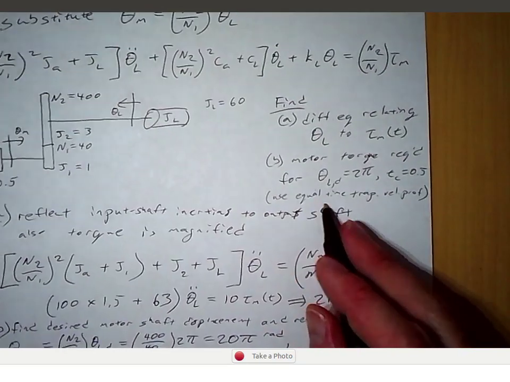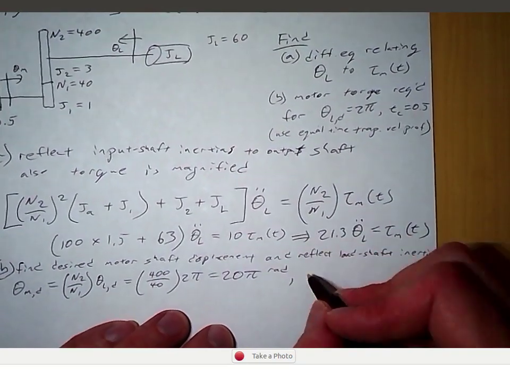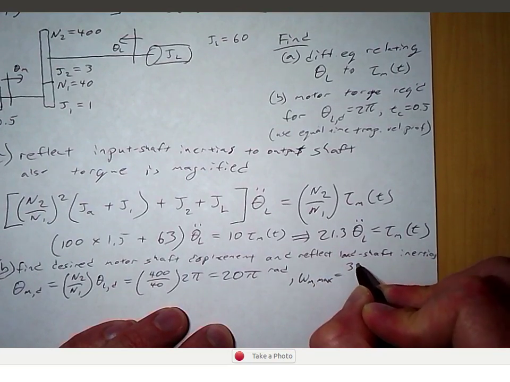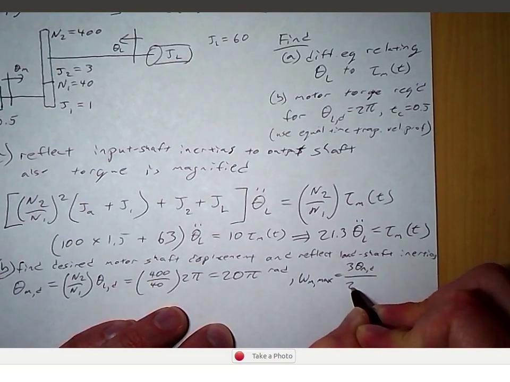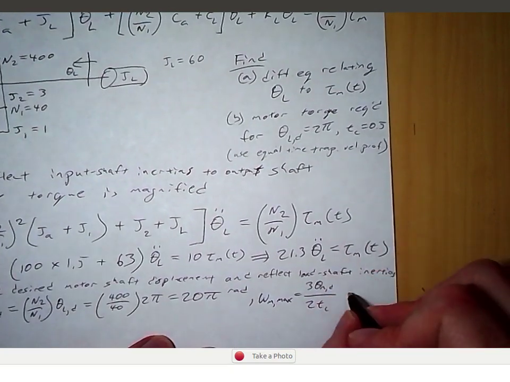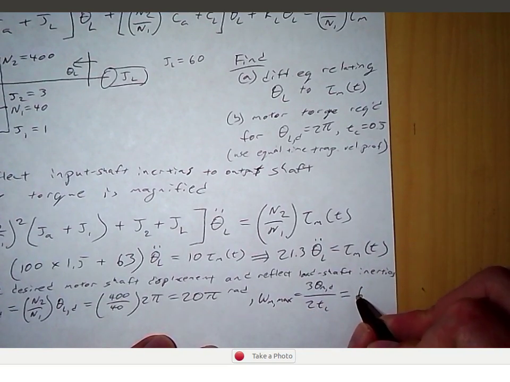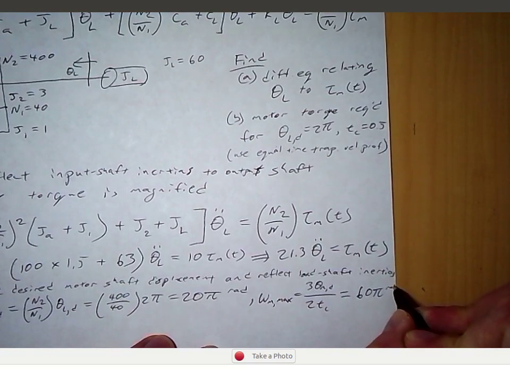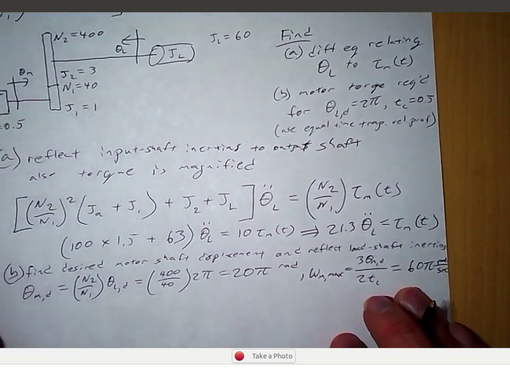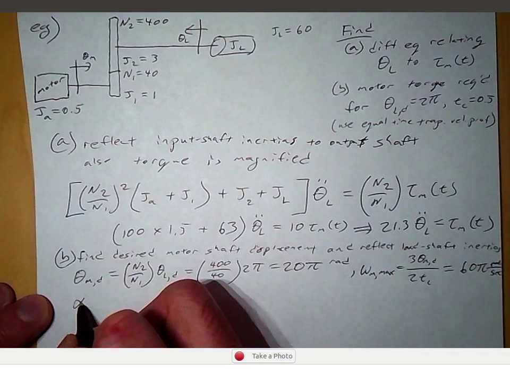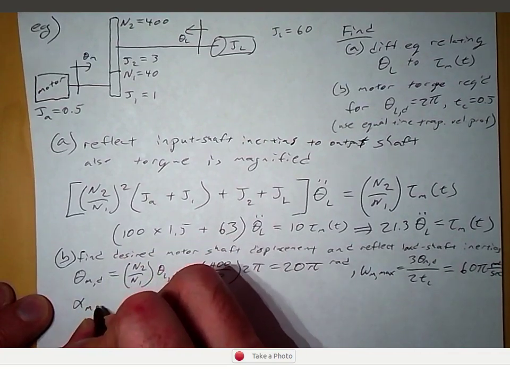And since we're using an equal time trapezoidal velocity profile, we know that the maximum motor shaft speed is 3 times theta MD divided by 2 times tc, which is 3 times 20 pi divided by 2 times 1/2 a second. And so that gives us 60 pi radians per second. If we want to find the torque, we need to find the acceleration and then apply Newton's second law.